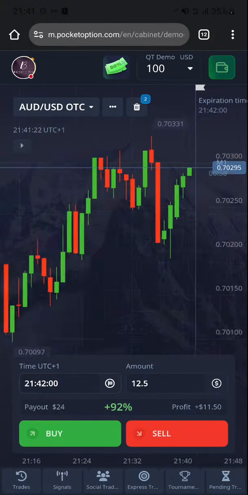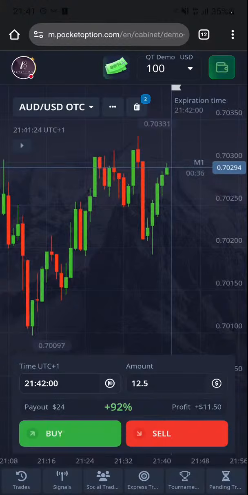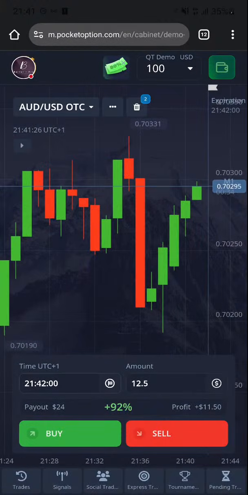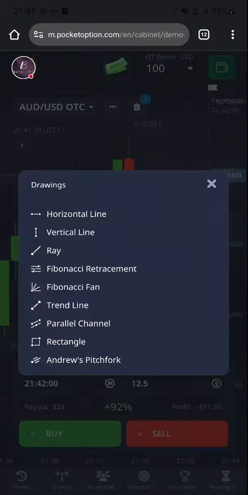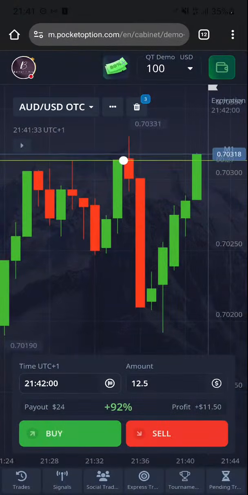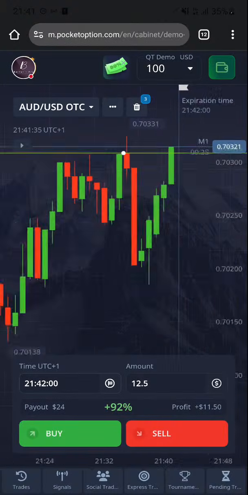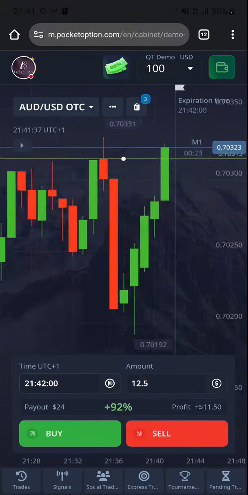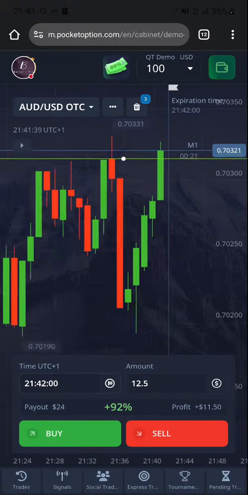And we're going to be looking for a very good trade. I'm just checking this actually. I don't plan to trade this market.